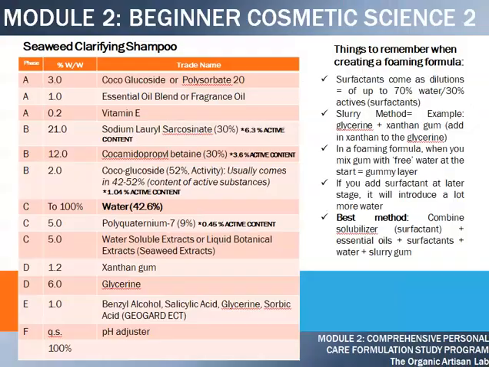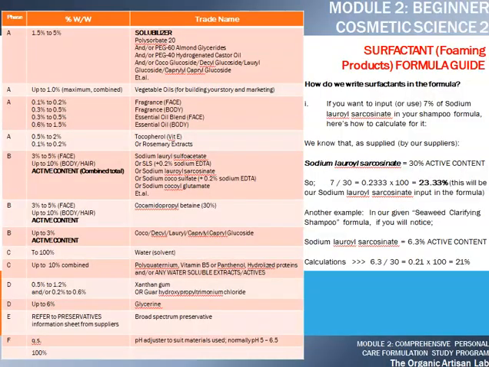Let's check on this. Are we right about that? Okay, to continue. Yes, so with 7% active content of sodium lauryl sarcosinate in the formula, this is how we write it in our formula build.